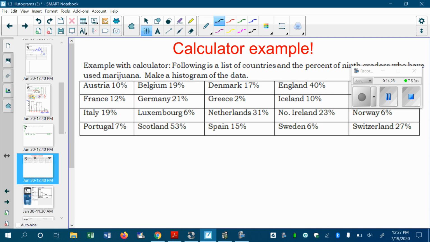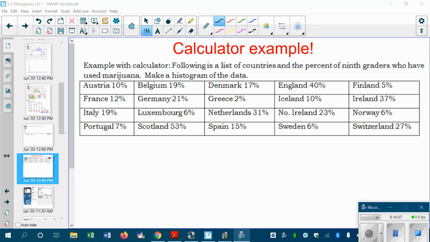All right, the last thing that we have to do today is to take a look at the calculator. So here is some actual data. I looked this up years ago, so I don't know how much it has changed since I looked this up. But at the time that I looked it up, this was some data about 9th graders, 14-year-olds, who had used marijuana.